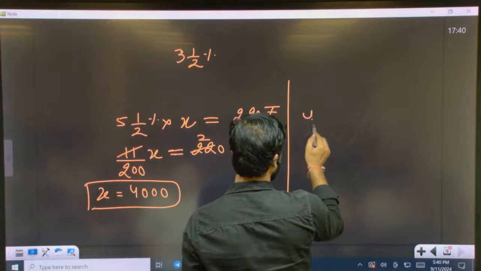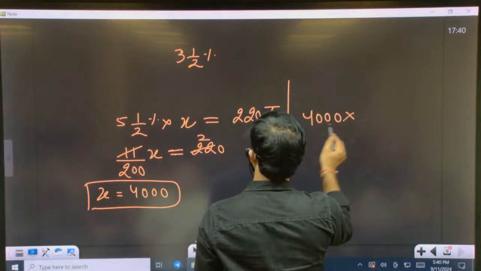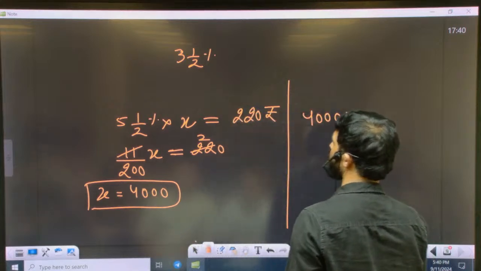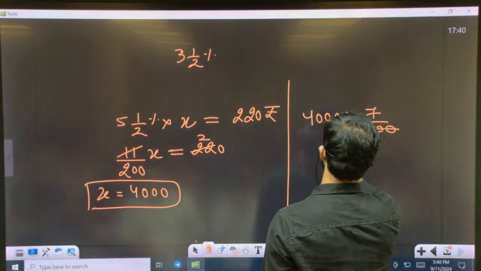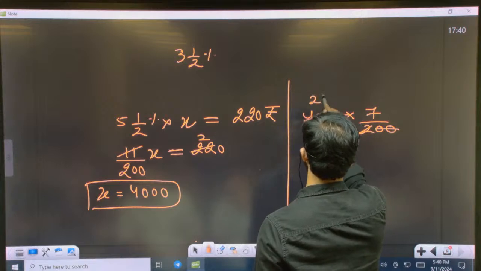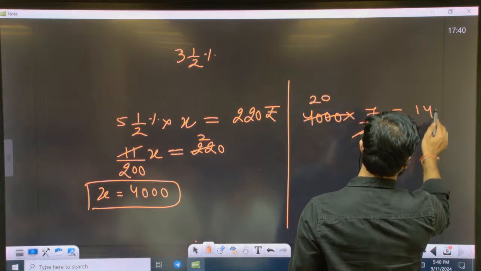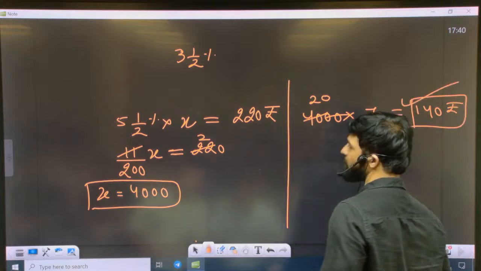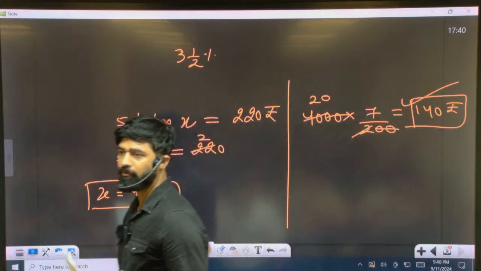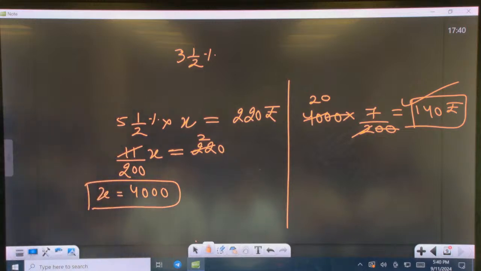So x is 4000 and 3.5, that is 7 by 200 times 4000. So this is 20 into 7, that is 140. Exactly, the answer must have been 140 rupees. Got it? Any problem?